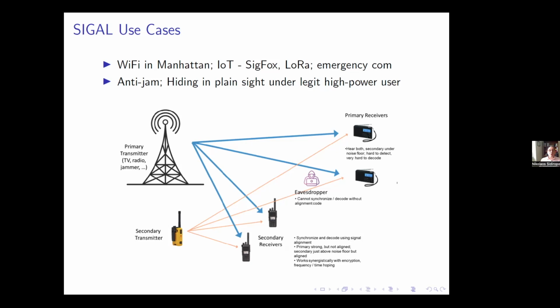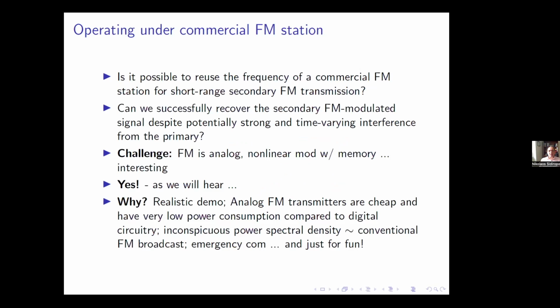The one that took most of our time, I will talk about now. This has to do with pushing the envelope further and operating our technique, doing a demonstration under a commercial FM station. Because in the previous lab work we did, we instantiated the primary transmitter using another pair of software radios, but that is not very realistic.